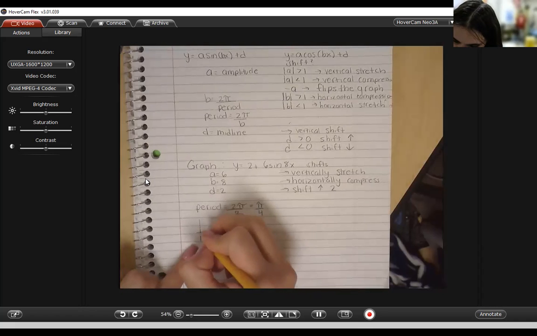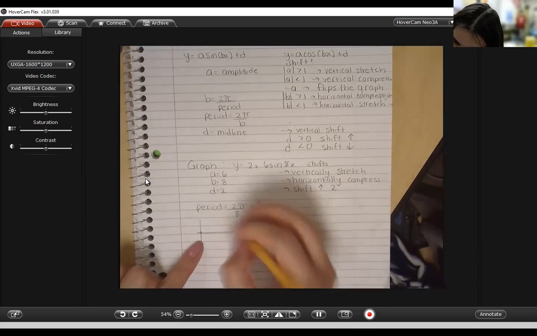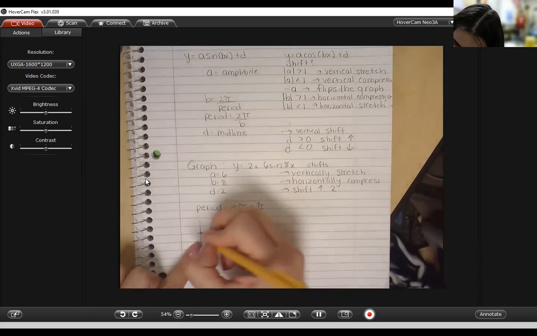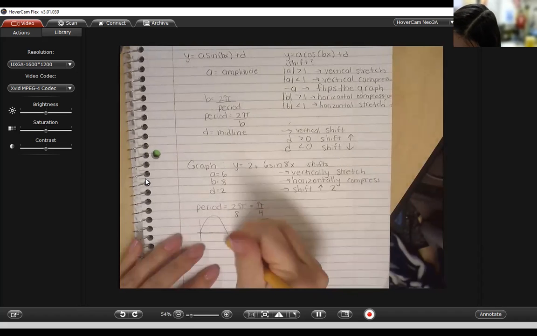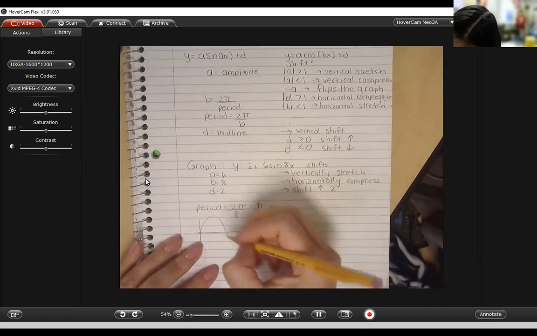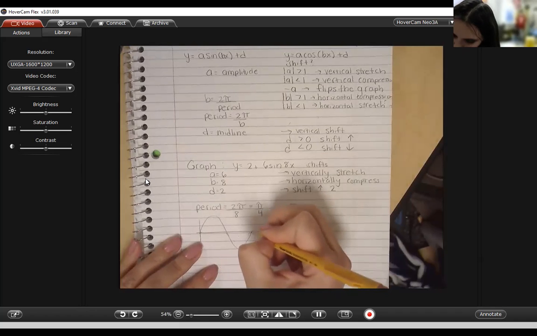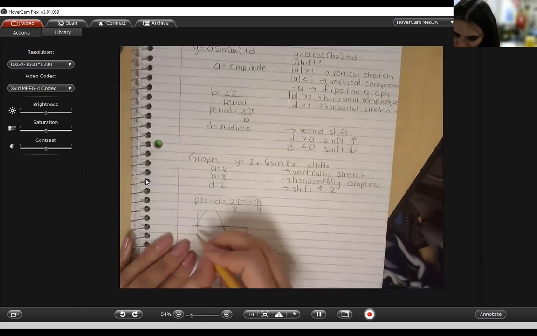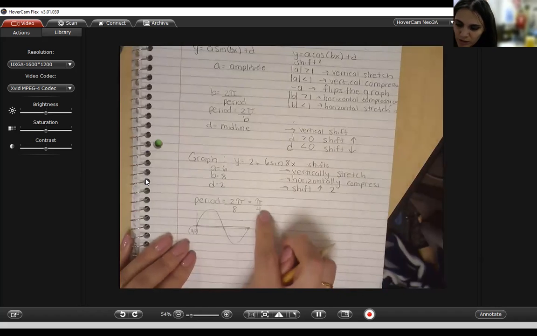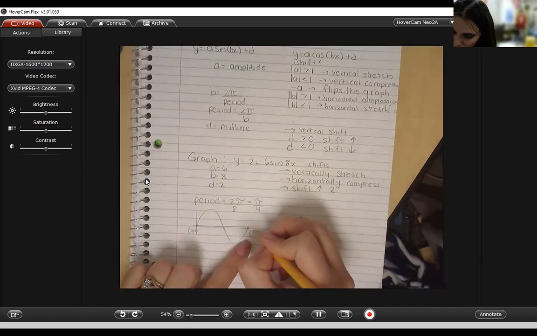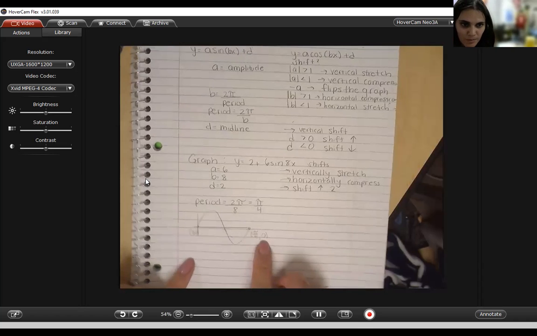So I'll start here at 0, 0. I know it's going to go up 6. So if I were to, let's say I just drew my sine graph. It's a little bit more even. All right. So let's see, what do I know? I know that this is 0, 0. I know that right here is 1 full period. I will have gone pi over 4 to the right, and then I'm back to 0.